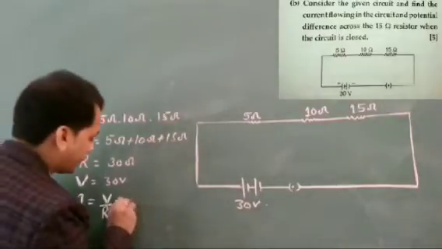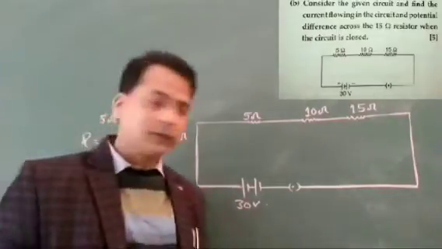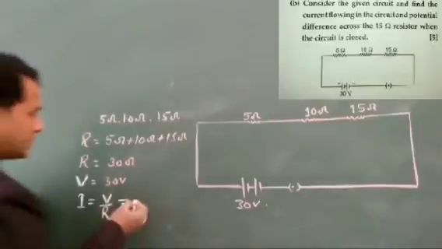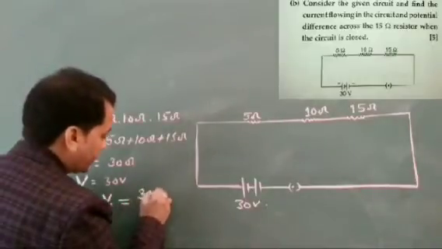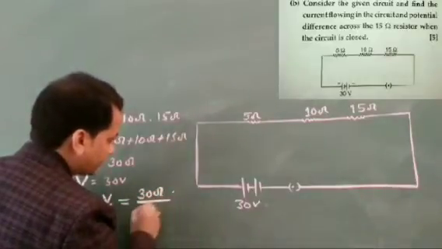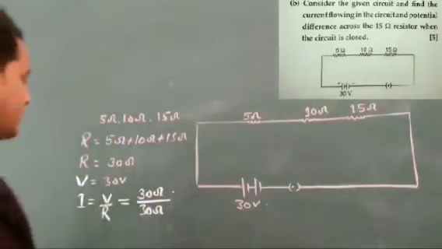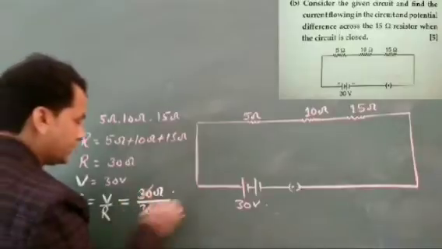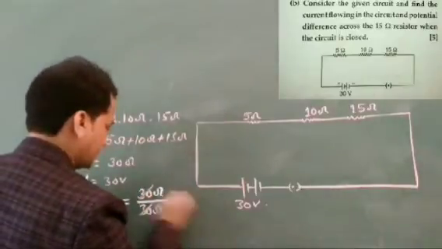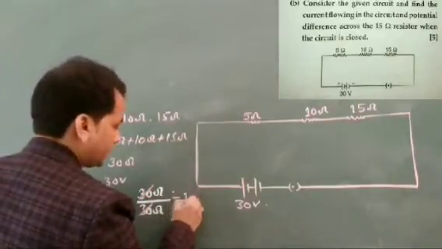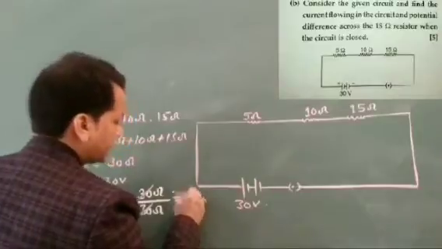Putting in the values of potential difference and resistance, that is 30 volt by 30 omega, which is 1 ampere.